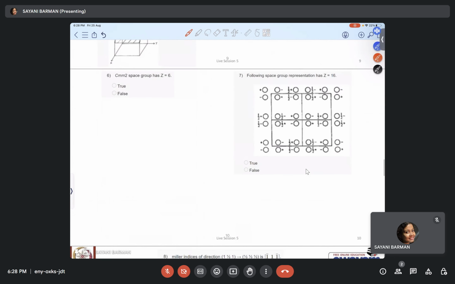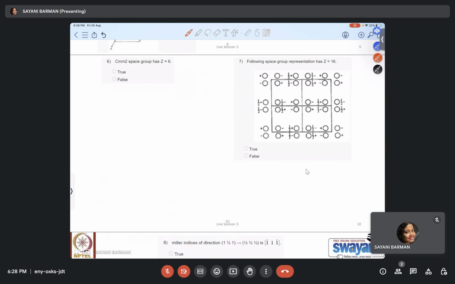The next one is CMM2 space group has Z equals 6. So we have to draw the CMM2. C means C-centered lattice, right? So we can draw it like this.